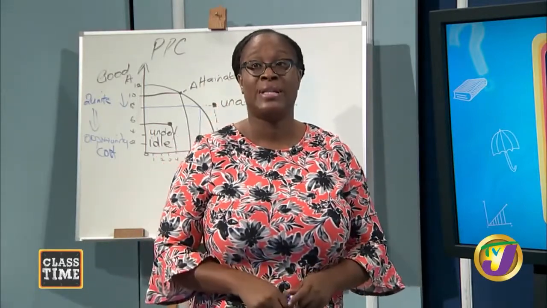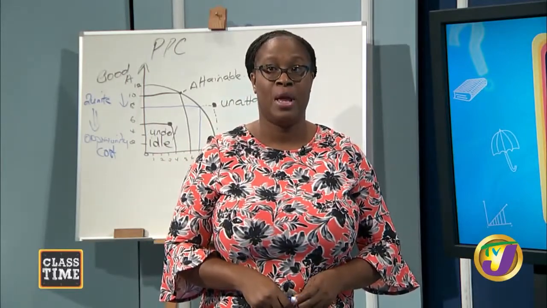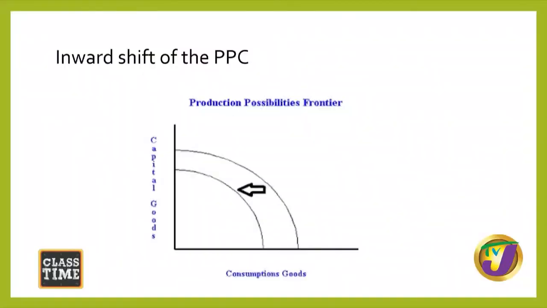We can have the opposite, which is an inward shift of the PPF. And that would represent what we call an economic decline. So what you will find is that both capital goods in this example and consumption goods, that is goods for consumers, they are decreasing in terms of the amount that they are able to produce.